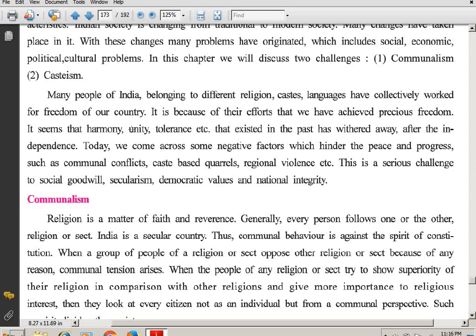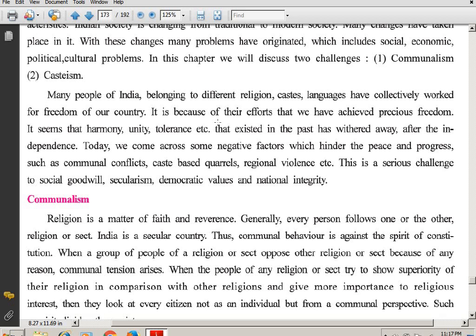We're not supposed to stop here. Without any religion, caste or language, we are supposed to be working for the betterment of our country. It is because of the sacrifice of many people who gave their lives that we are enjoying this freedom today.